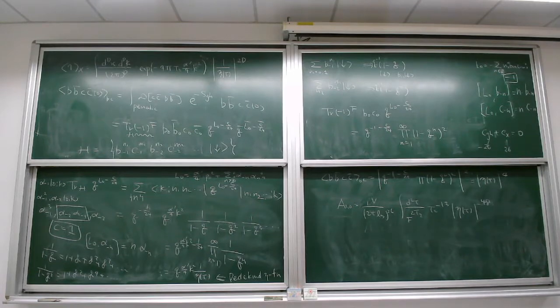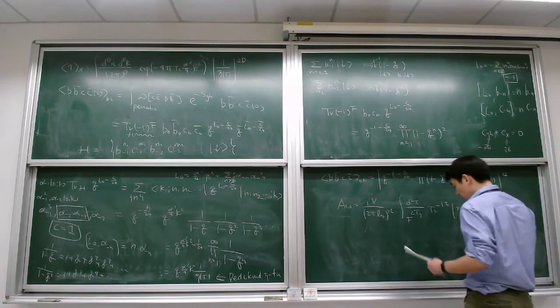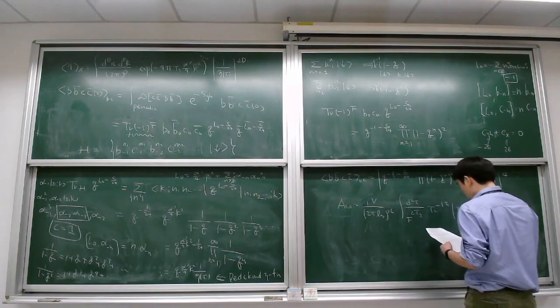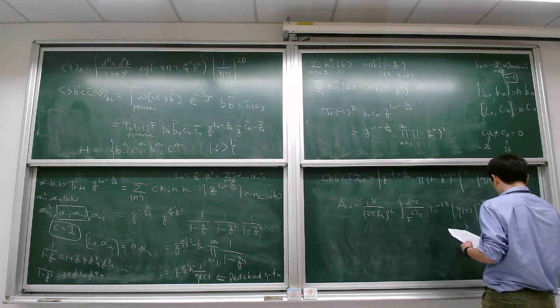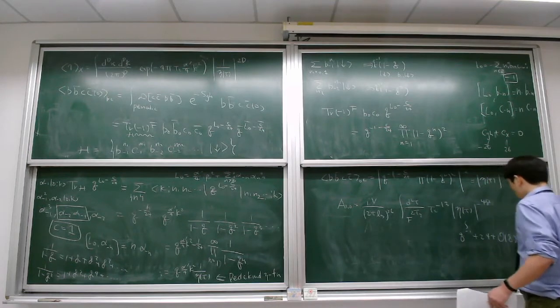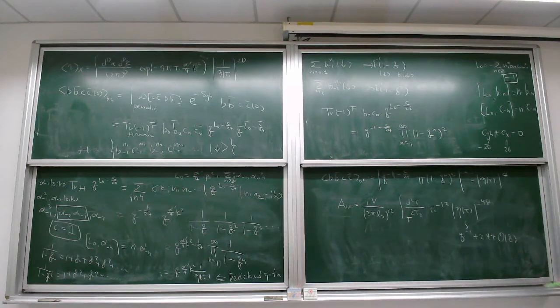And as you can easily see, if you do the Taylor expansion, you get q to the minus 1 plus 24 plus order q, and dot dot dot. So therefore q to the minus 1 corresponds to what? This term corresponds to what?